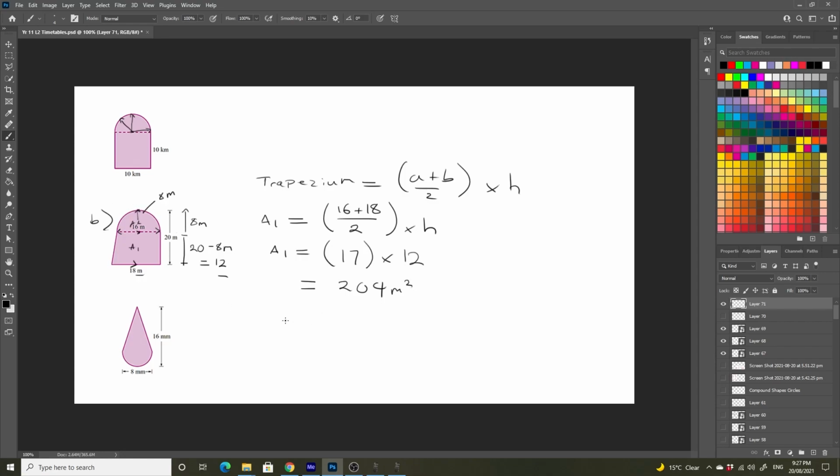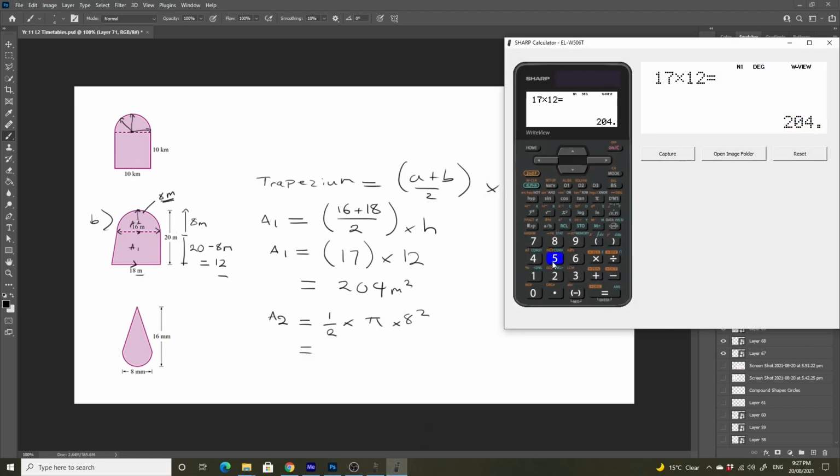And for our semicircle, well, we've solved these before. We've found out what our radius is. It's going to be 8 meters. So the area of our semicircle is going to be equal to, well, it's going to be 1 over 2, the proportion of the circle, times pi times 8 squared. Well, let's just do that now.